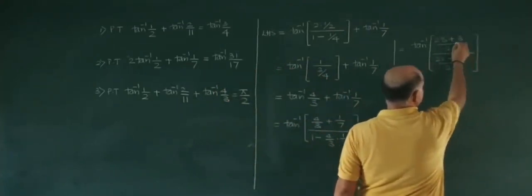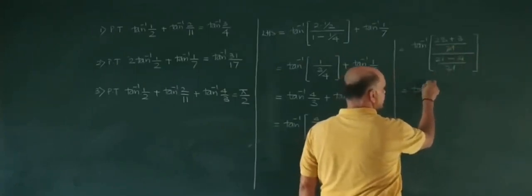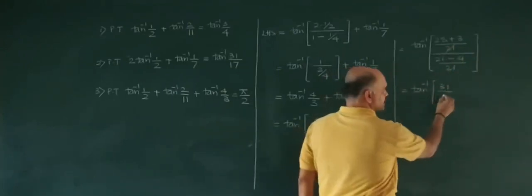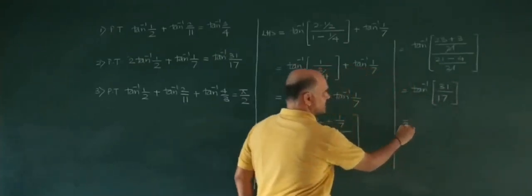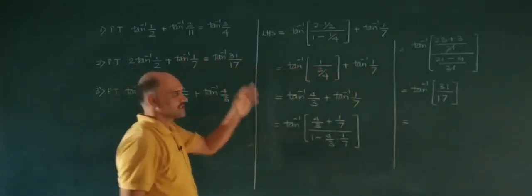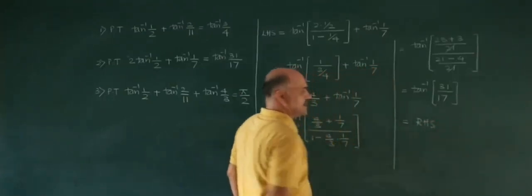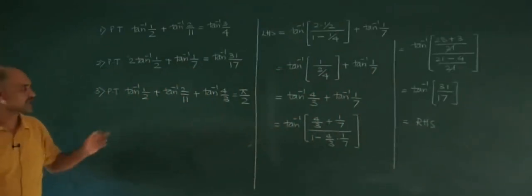So 21 gets cancelled. 28 plus 3 is 31, 21 minus 4 is 17. So you'll get tan inverse 31 by 17. That is nothing but our RHS. So you can solve this problem also.